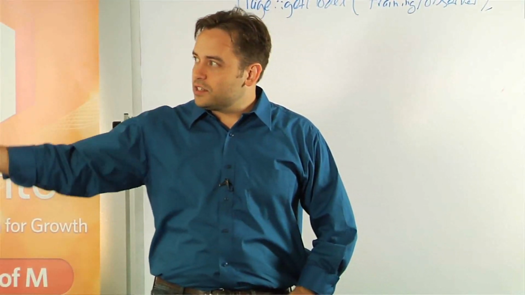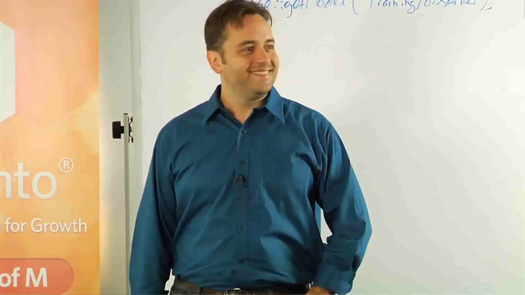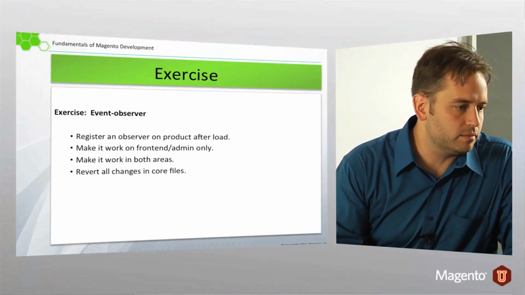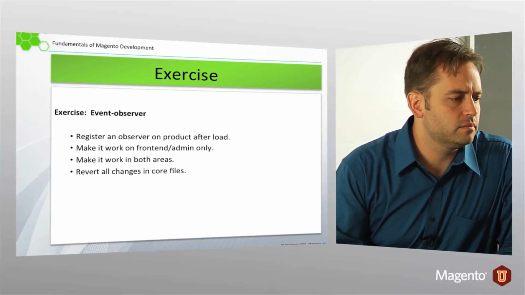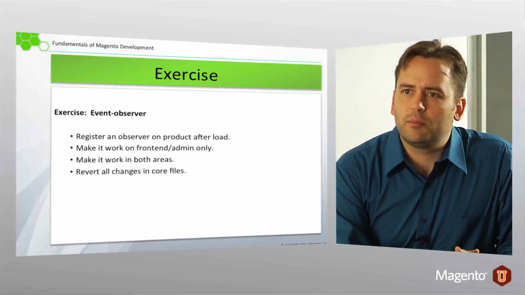Okay, let's take a walk through observers, and let's do fun stuff with them. Hopefully we all have our custom module here. Actually, let's just walk through creating a brand new module.